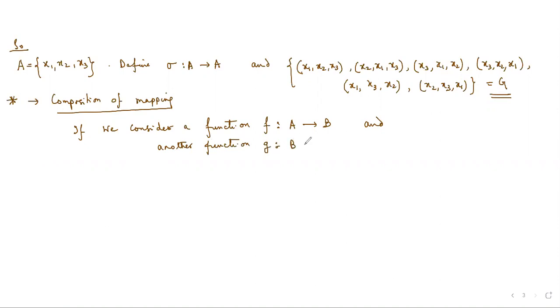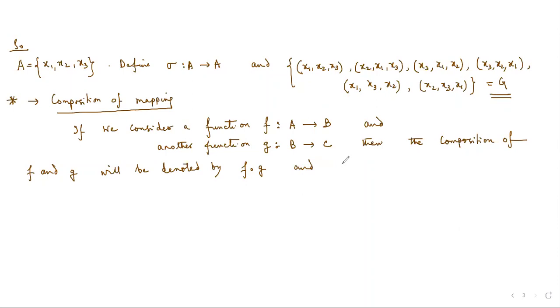and another function G from B to C, then the composition of F and G will be denoted by F dot G and is defined as (F dot G)(X), which will be equal to F of G of X. That is the definition of composition of two mappings.